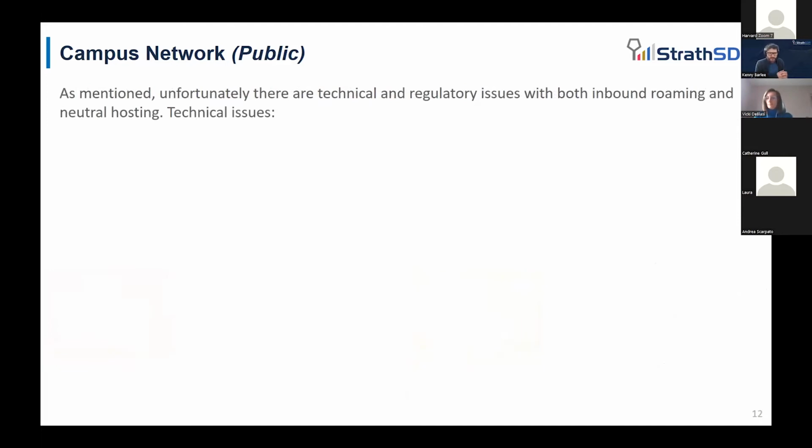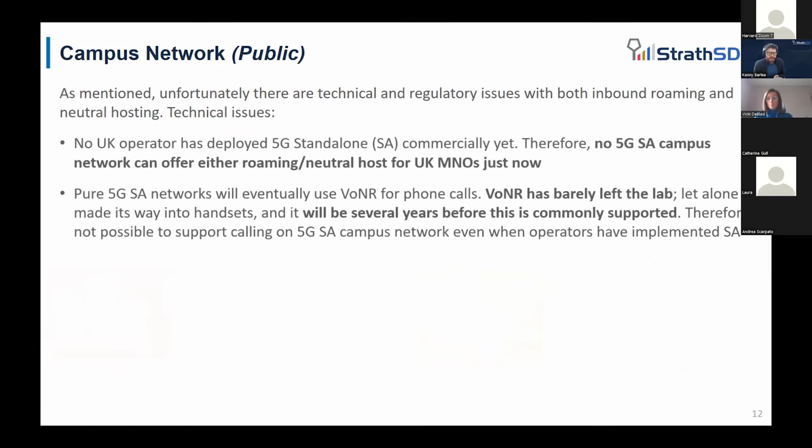So as I mentioned, there are some technical and regulatory issues. Technical issues, first of all. No UK operator has yet deployed 5G standalone commercially. So that means that if you built a 5G standalone campus network, you would not be able to offer either roaming or neutral host connectivity on it just now because there's no one to connect to. Pure 5G standalone networks will also use voice over NR for calling.